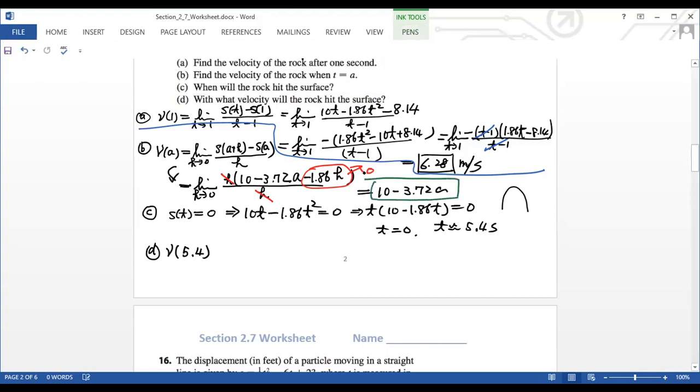So I can say at 5.4, this will be 10 minus 3.72 times 5.4. So what I'm having here is negative 10 meters per second. It kind of makes sense, right? Because when you throw the rock up, when it comes down and hits the ground, the rock is going downward, the opposite direction. That's what this negative 10 means here. All right. Okay.